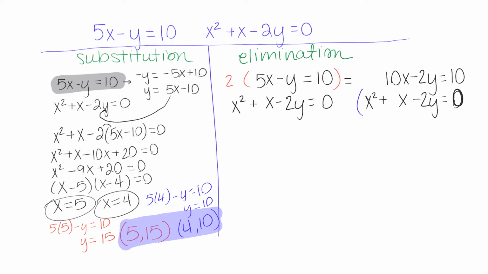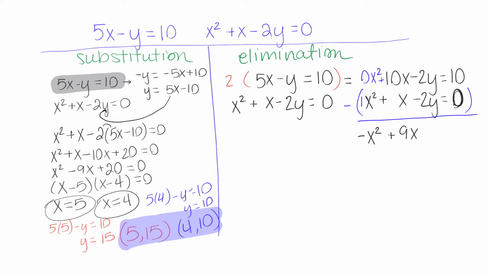Okay, so we're going to subtract the whole thing. Now, remember, this is like saying 0x squared here, right? Couldn't I really write that in if I wanted to? And if I did that, 0x squared minus x squared is negative x squared. So negative x squared. And then I have 10x minus x, so 9x.